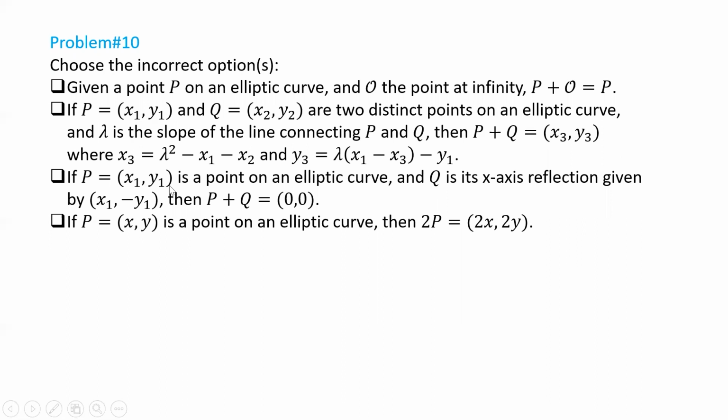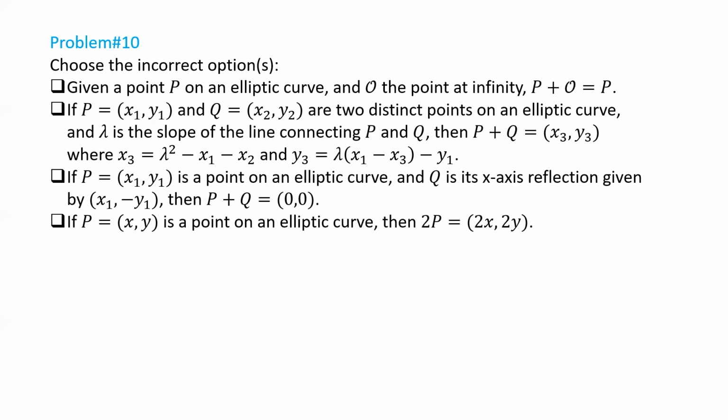Next statement: P equal to (x1, y1) is a point on an elliptic curve, and Q is its x-axis reflection given by (x1, minus y1). Then P plus Q is equal to (0, 0). This is not true actually, because (0, 0) is not the identity element of the elliptic curve. So P is the x-axis reflection of Q and vice versa.